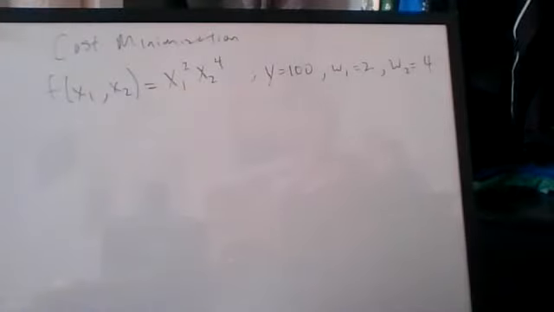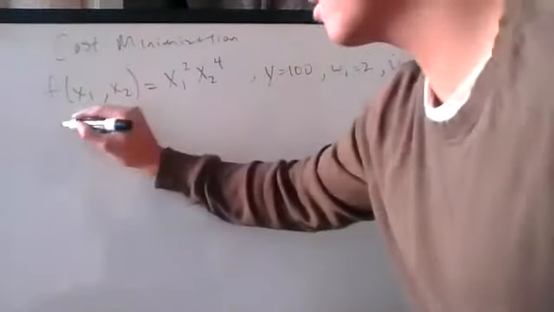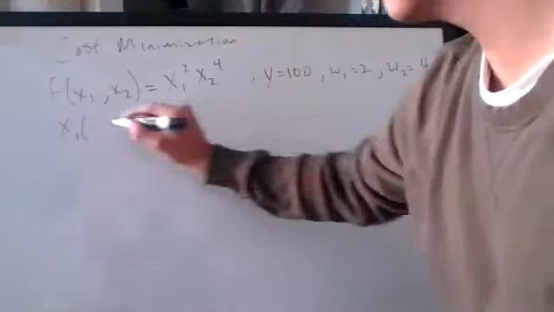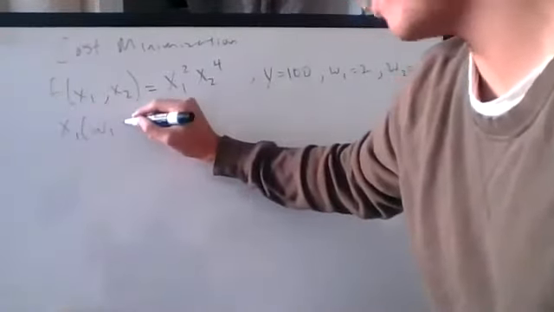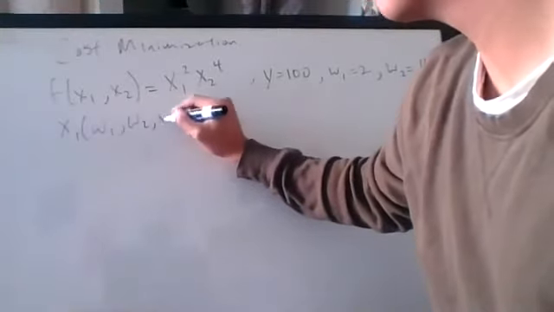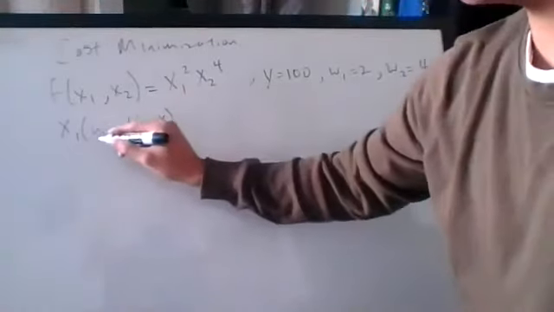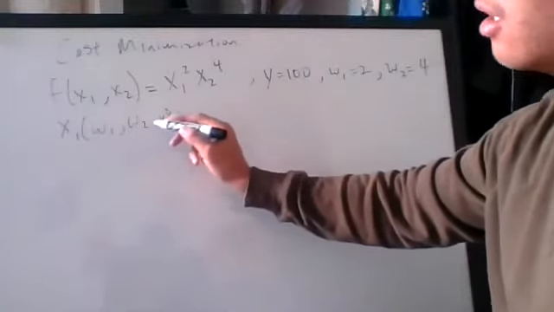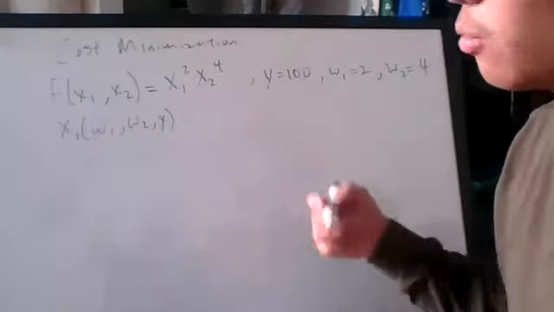Well, we want to find these values, and I'm going to write them in terms of their parameters. Essentially all this means is that x1 is a function of the price of the inputs and the amount that we produce. That's all it really means.